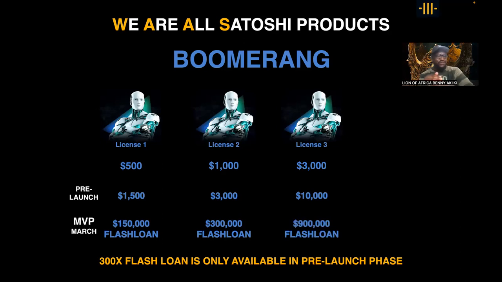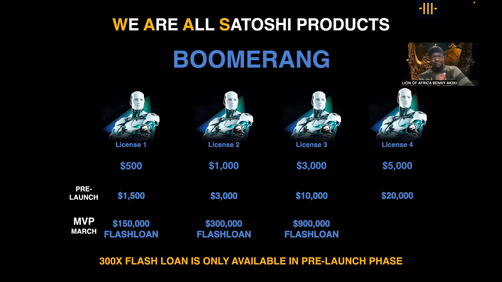And after the 5th, you have up to 900,000 flash loan. If you still think this is too little, then this is where you belong. License 4. Get your 5K, immediately have your 20,000 worth of play money, and from 5th April, you can access $1.5 million. Now, this is amazing.